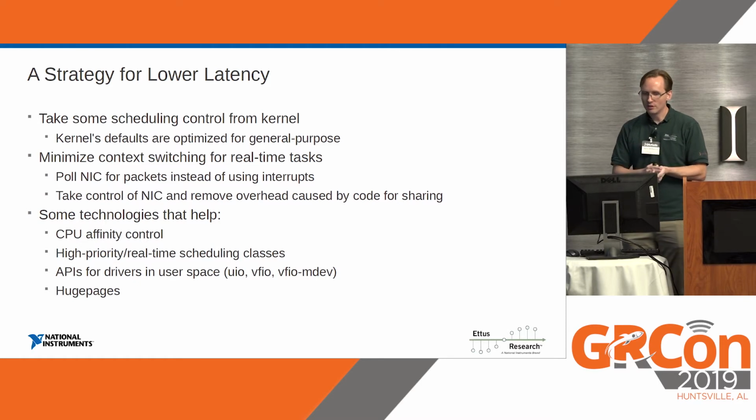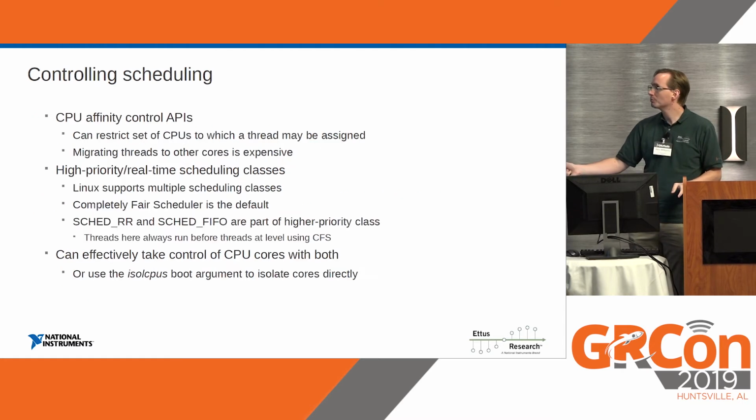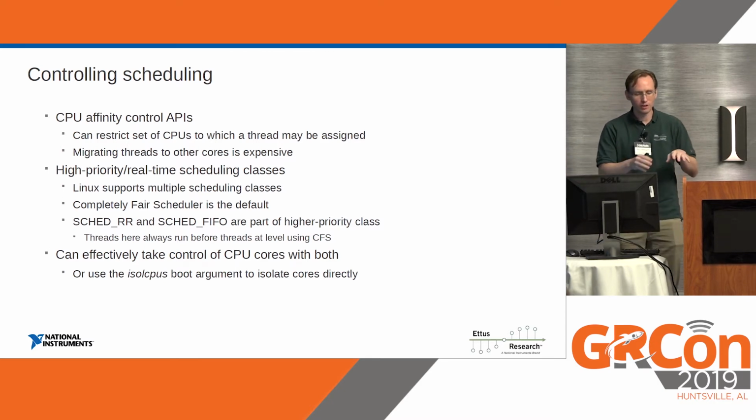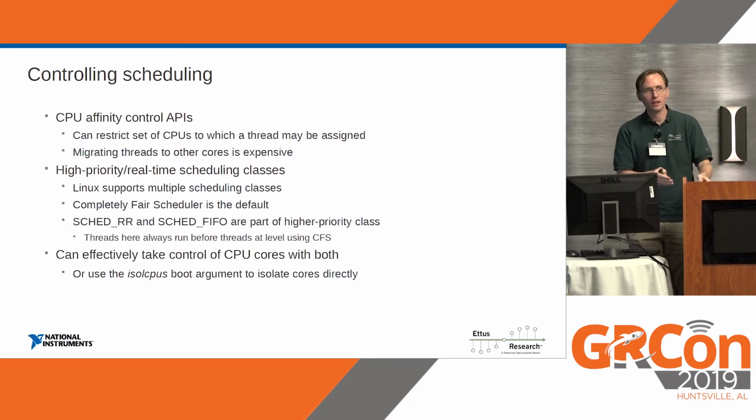Also, we could inform it of what's a high priority and what cores we should use for certain things. And there are actually APIs to do all of this. We have the affinity control APIs, where you have a mask, you can run a particular thread on a core, and you can say nothing else should run on that.